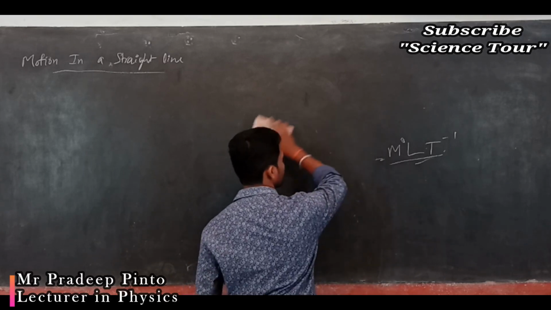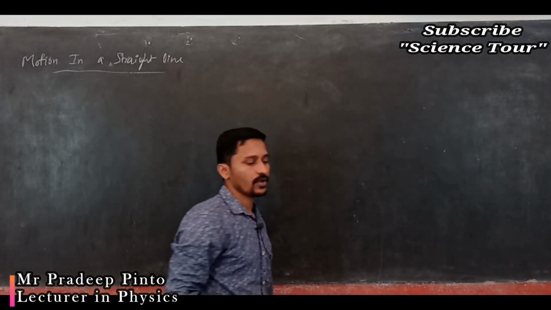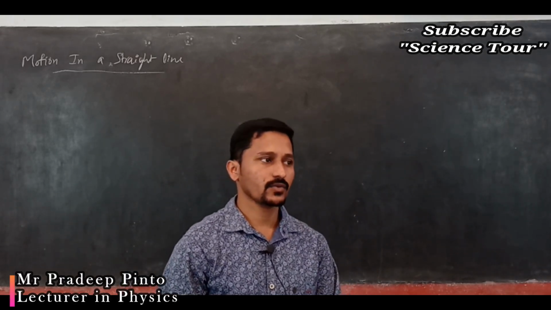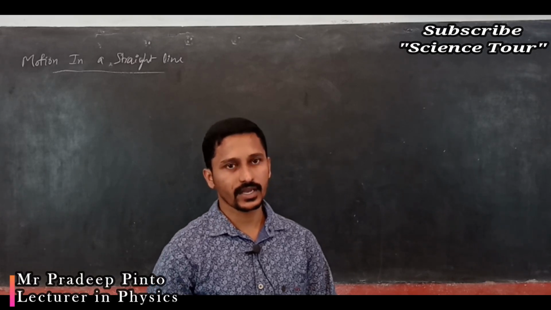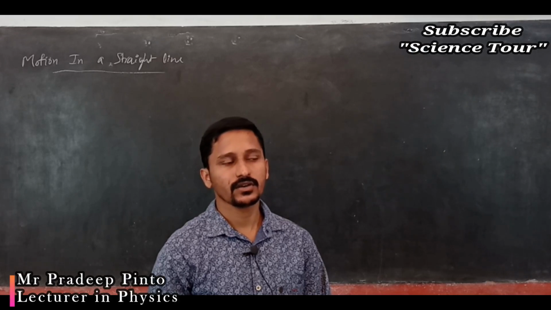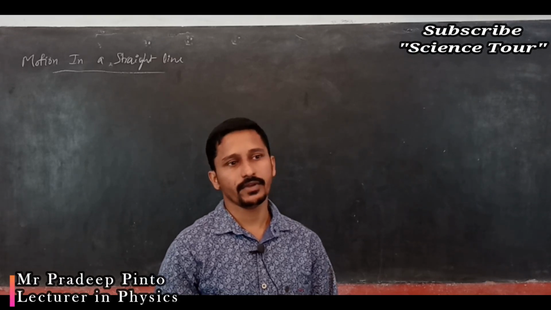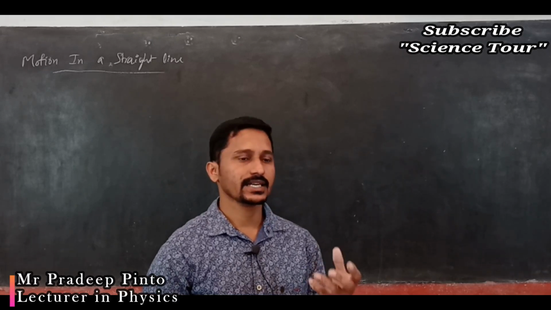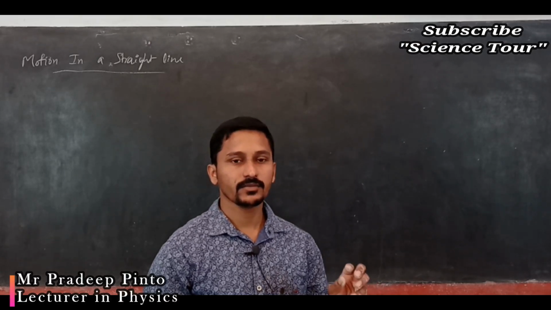Now they are going to ask you to write down the dimensional formula of different physical quantities, especially the quantities which you are going to study in second year, as well as quantities in the first year, in the gravitation chapter, or maybe in thermal properties of matter, or maybe in waves. Those quantities are a little bit complicated, a little bit extended.